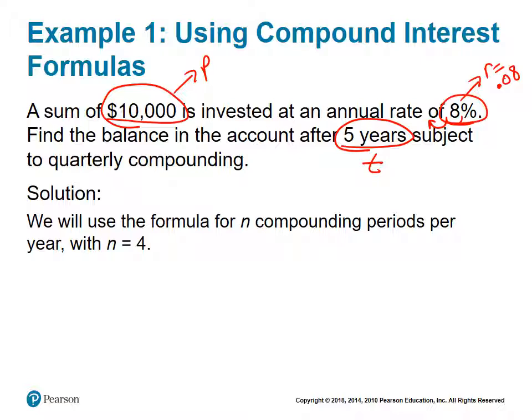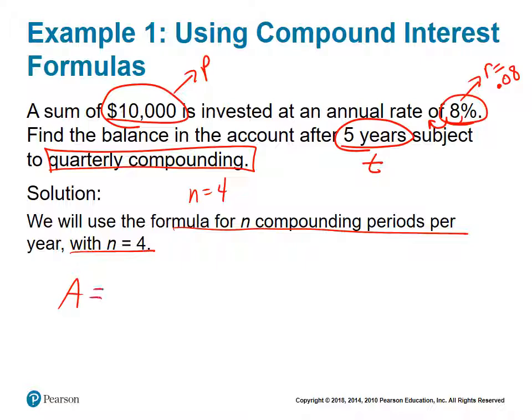Now there will be a word or phrase that gives you the value for N. The value for N comes from this phrase, quarterly compounding. How many quarters of time are in a year? That would be 4. So for the N, you will actually use 4. Now let's substitute all of these values into the formula. All right, P is my principal, 10,000.